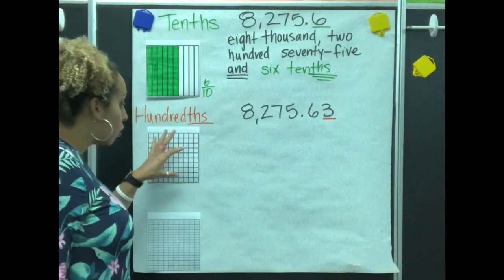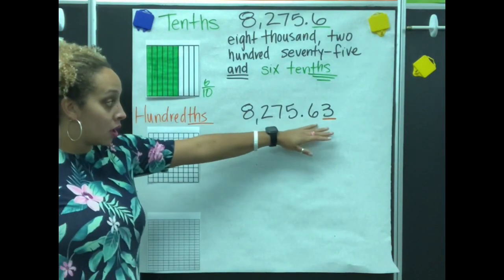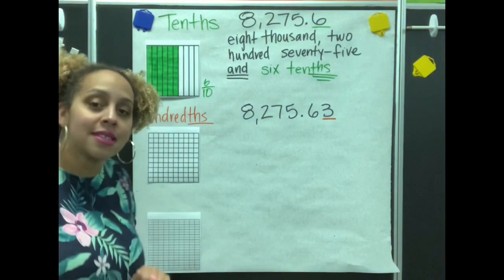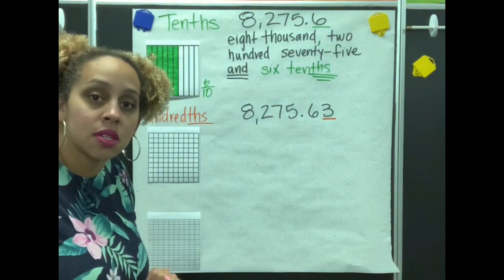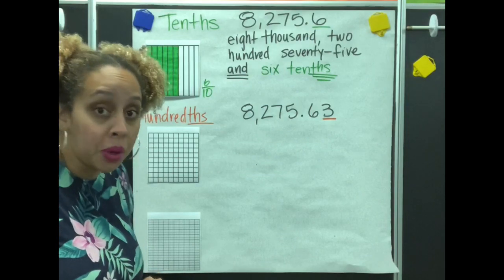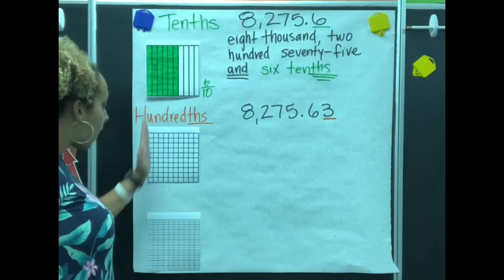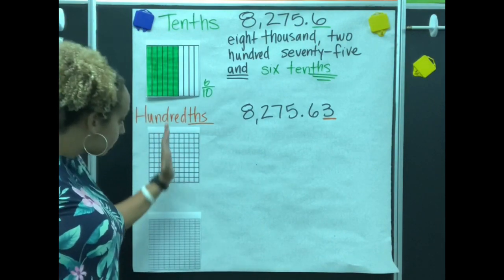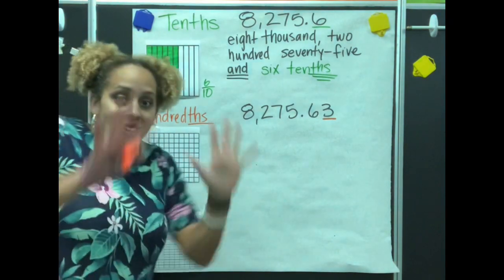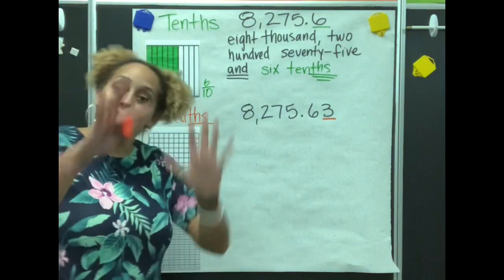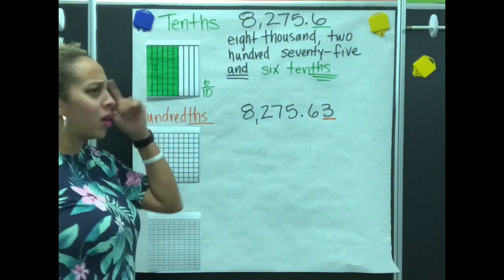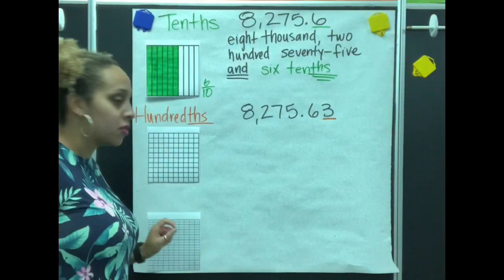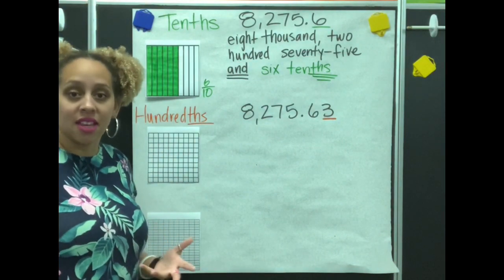Okay, so we are going to color in 63 hundredths. Do I need to count 63 times? No, I don't. I know that each bar is worth how much? 10. Numbers in base 10. So I don't have to count up to 60. If I know that each bar is worth 10, how many bars do I need? I need 6.